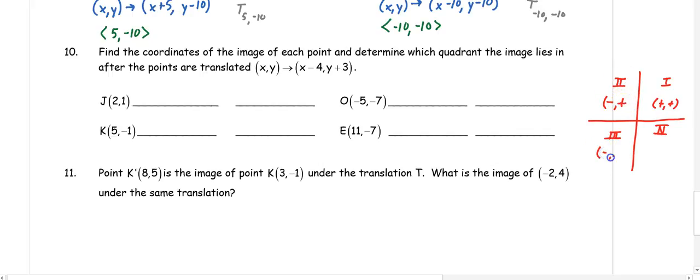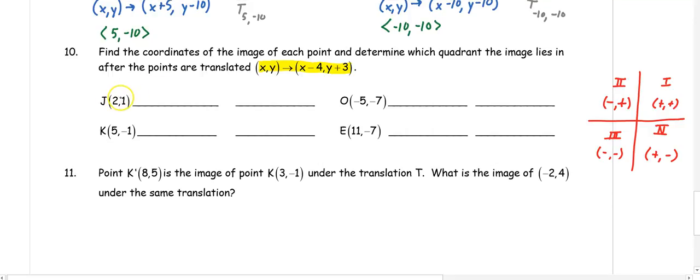In the third, they are both negative. And in the fourth, the x is positive, but the y is negative. So we're going to use the rule changing from x, y to x minus 4, y plus 3. On each coordinate, our x coordinate, we're going to subtract 4, and our y coordinate, we're going to add 3, and then figure out the new quadrant it lies in.